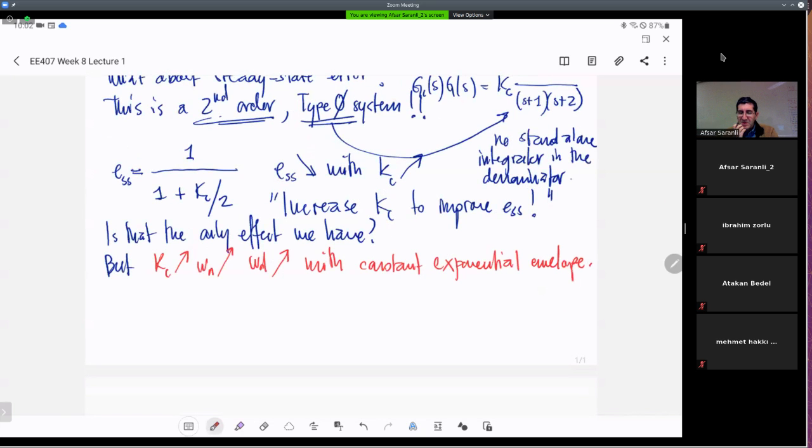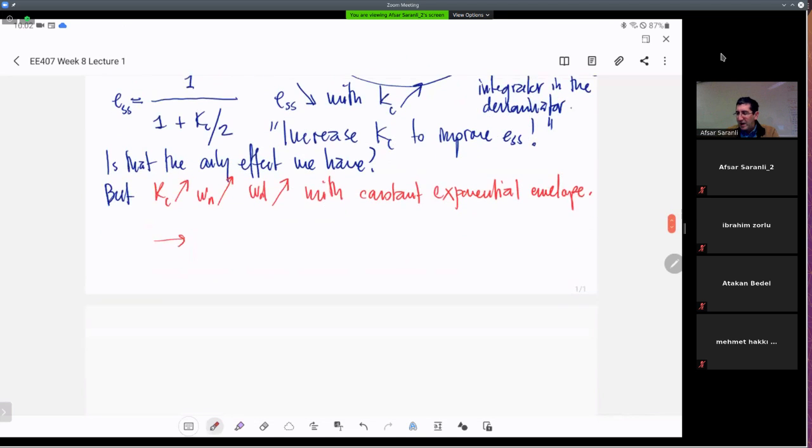Now, what does that mean? Let me show you why. As your friend has suggested, oscillations, and as a consequence, and I'm going to show you in a figure in a minute, overshoot will get worse, will increase, okay?